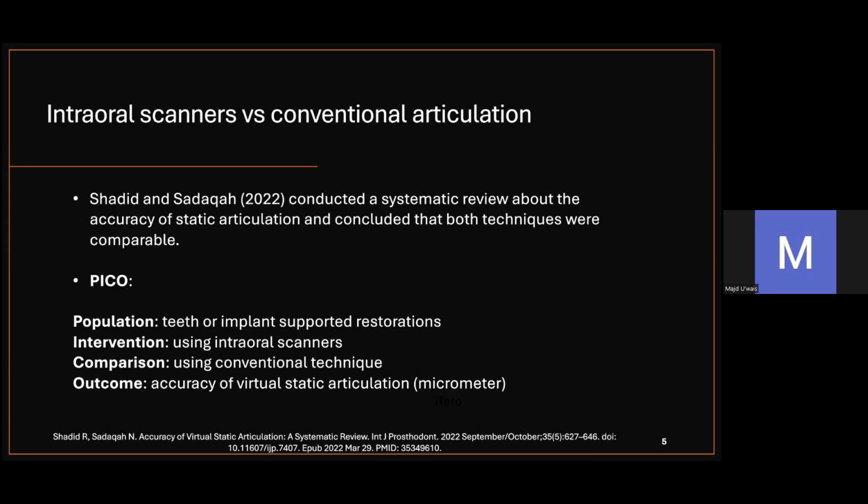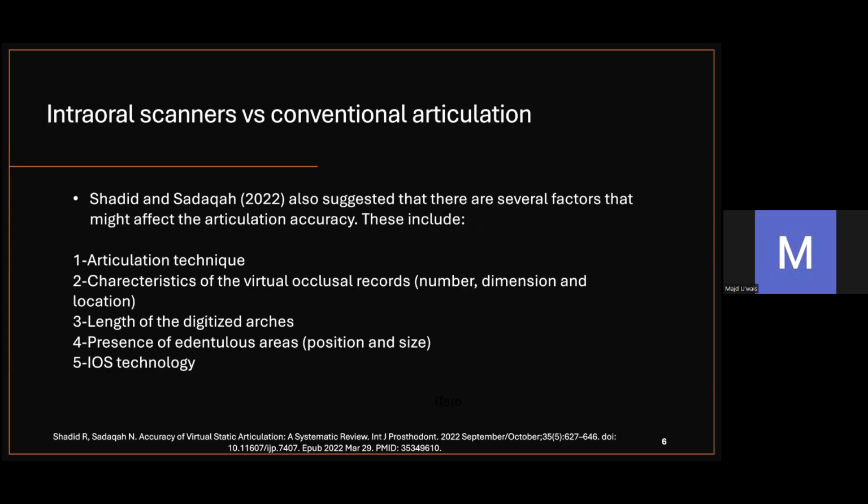Intraoral scanners versus conventional articulation. Shadid and Sadaka in 2022 conducted a systematic review about the accuracy of static articulation, whether for teeth or implant-supported restorations, and concluded that both techniques were comparable. They also suggested that there are several factors that might affect the articulation accuracy.